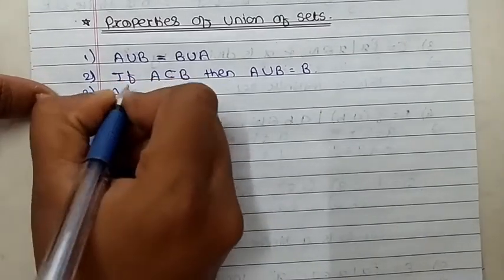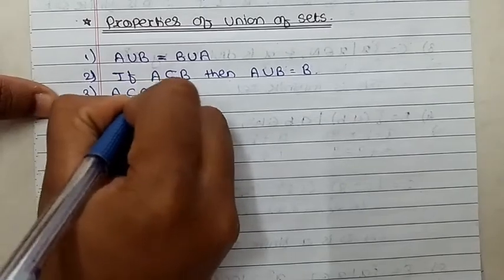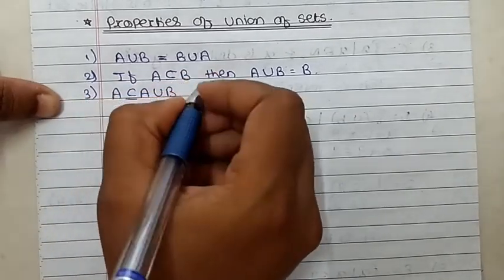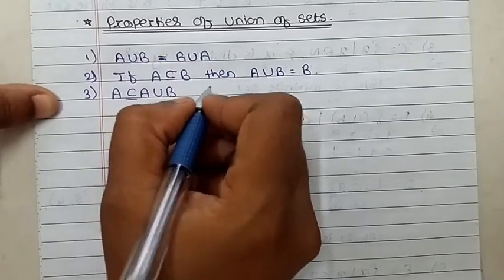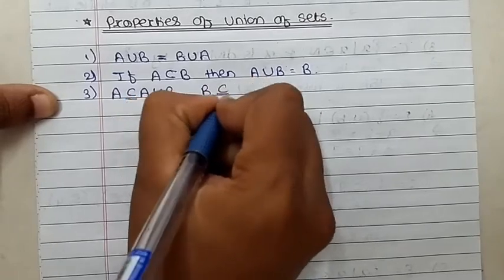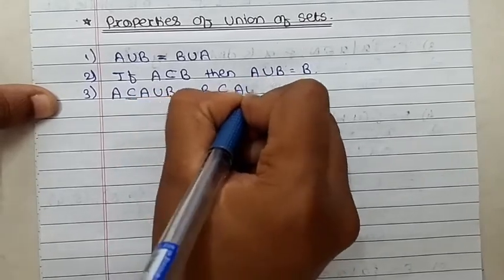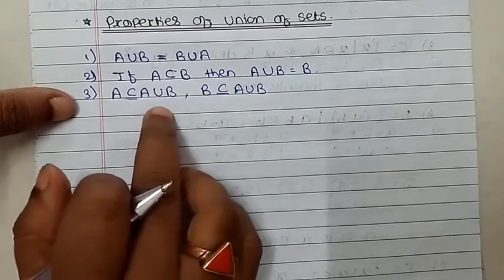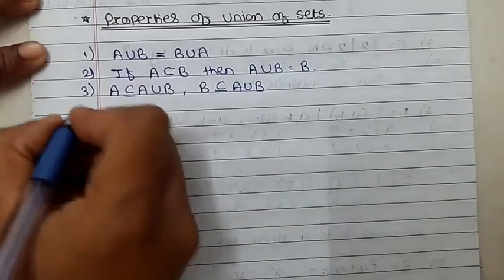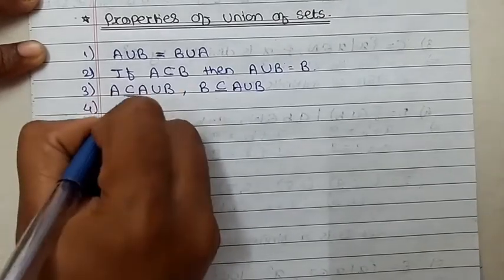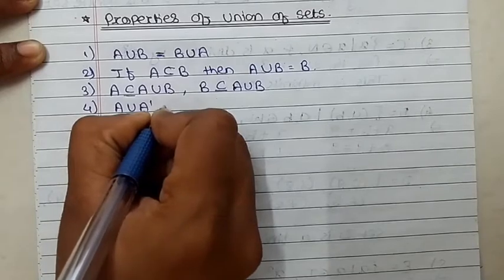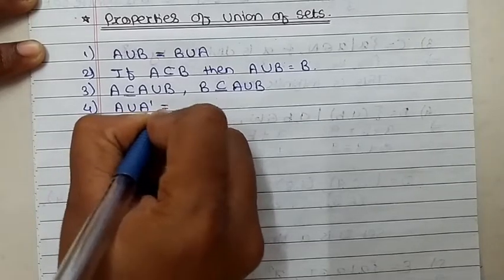Next, the third: A is a subset of A union B, and also B is a subset of A union B. If one set is a subset of A union B, then the other is also a subset of A union B. Then the fourth one: A union the complement of A forms what?